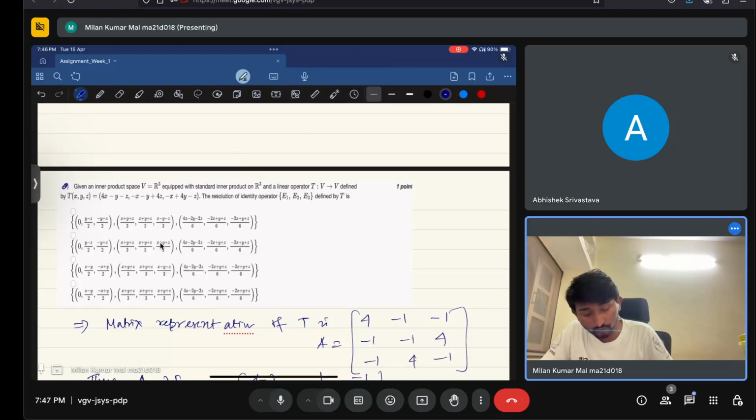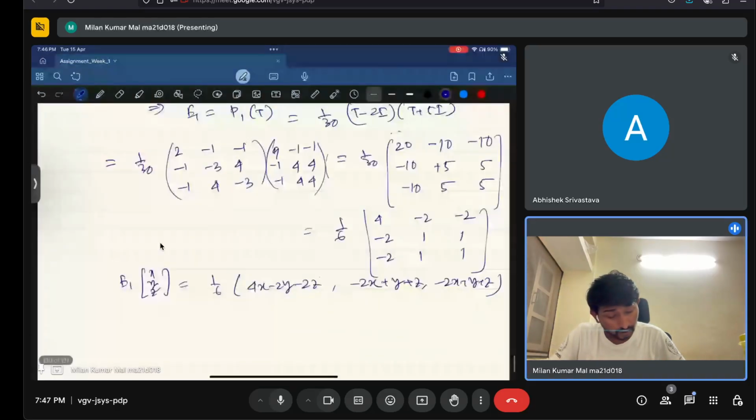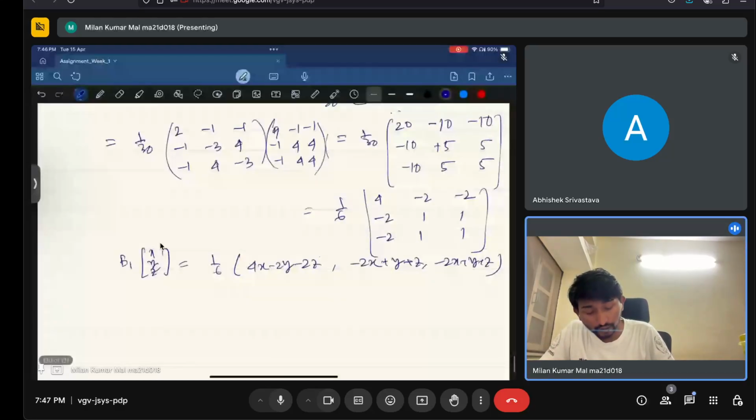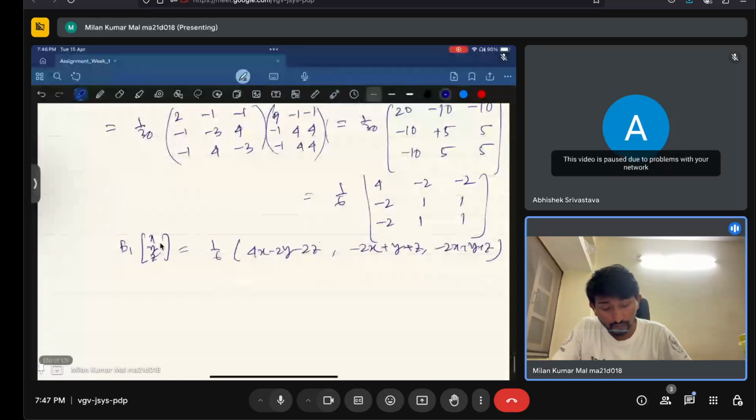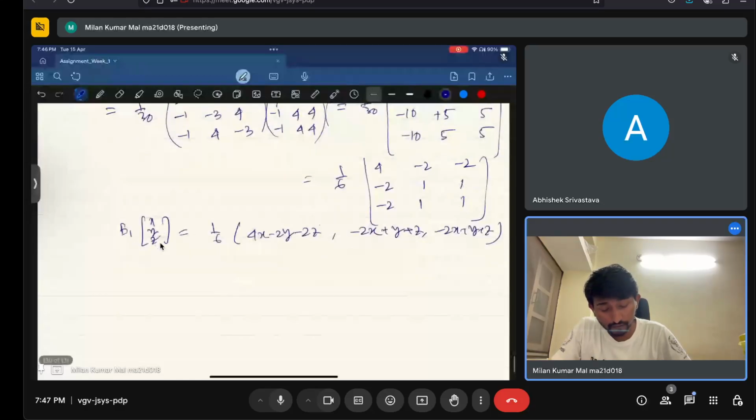E2 is equal to, I have written E1 corresponding to plus 5. So E2 corresponds to P2 of identity, and what is the P2? P2 of x is equal to x minus 5 by minus 5 into x minus 2 by minus 5 minus 2.